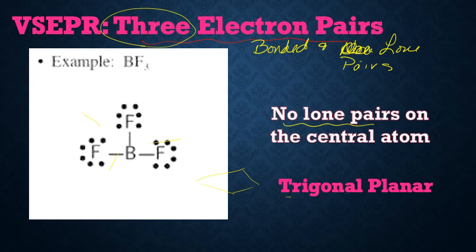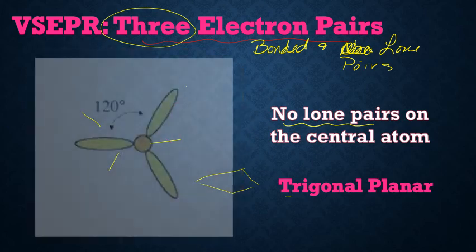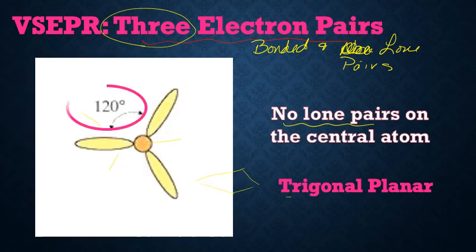Boron trifluoride is an example of something that would be trigonal planar. Boron in this case has 3 bonds on the central atom, no lone pairs, so the shape is trigonal planar. The bond angle of a trigonal planar arrangement is 120 degrees.